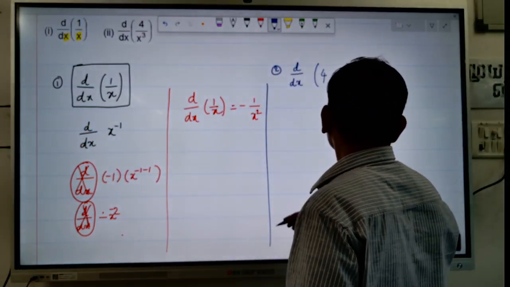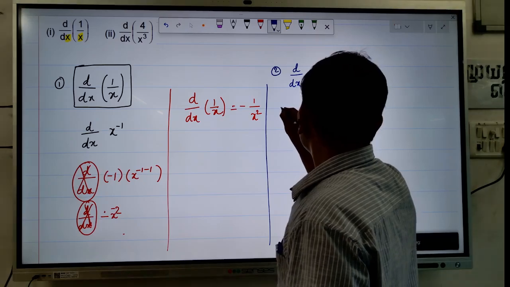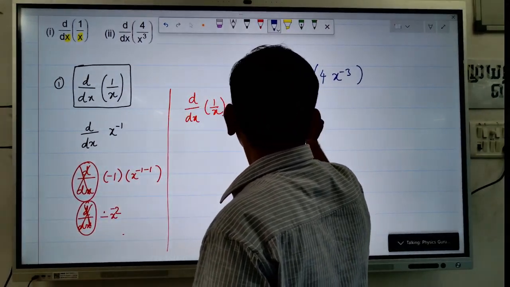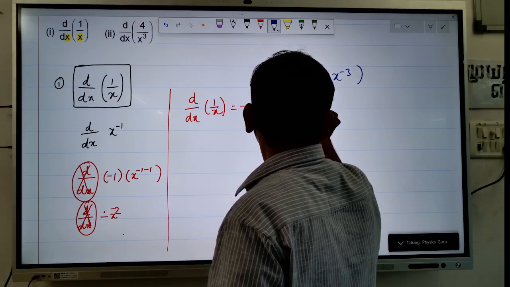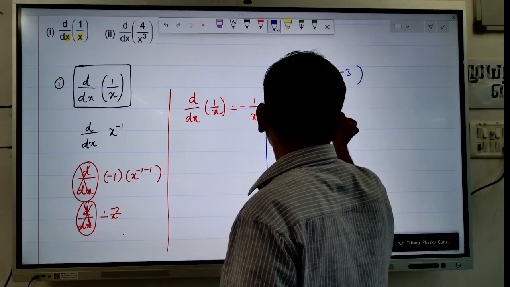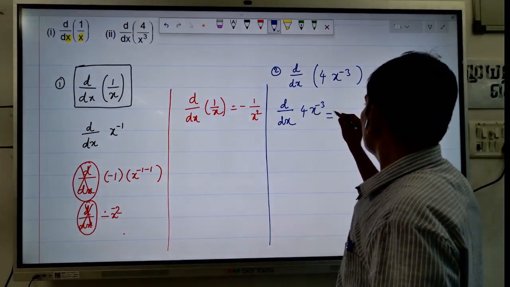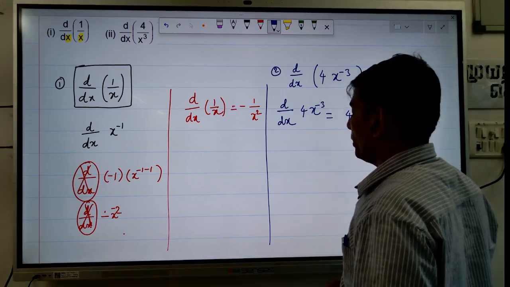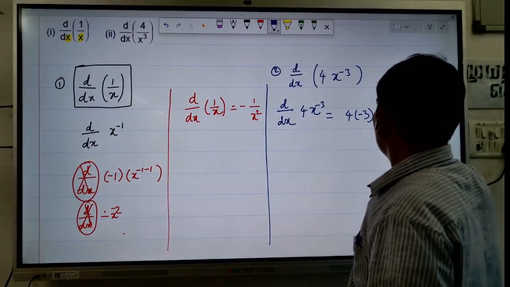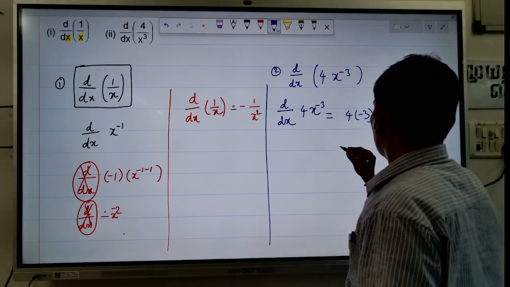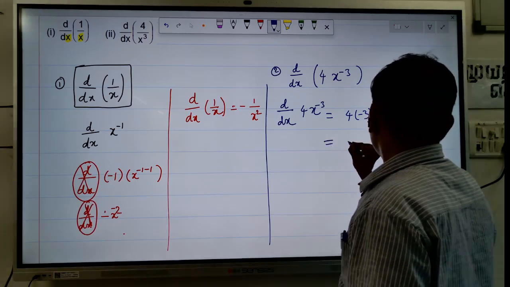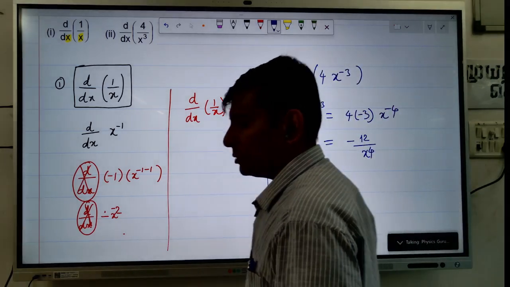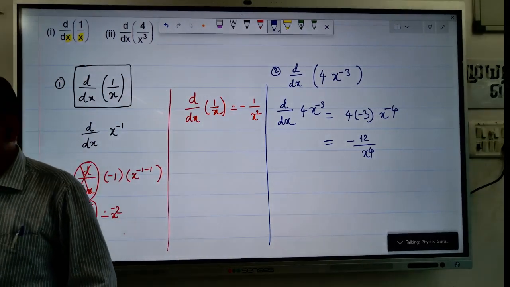So what happens now? d by dx of 4 into x to the power minus 3, so 4 into minus 3 into x to the power minus 4, which is equal to minus 12 divided by x to the power 4.